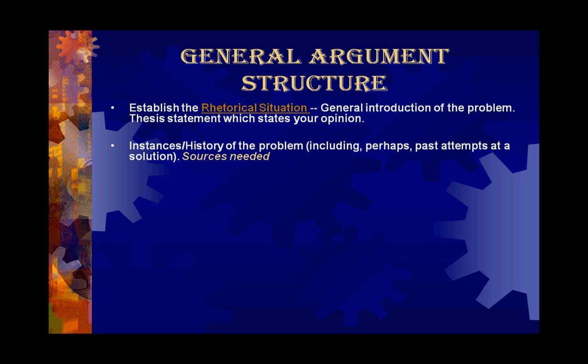What things will you need to convince them of, right? So give them some instances. Usually you can do this as part of the rhetorical situation. Give the history of the problem as part of the rhetorical situation. Talk about how bad the impacts can be if we don't consider your proposition. You can do that as part of the rhetorical situation.